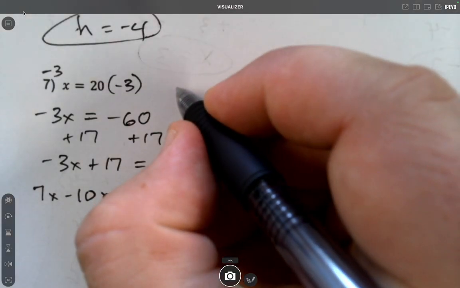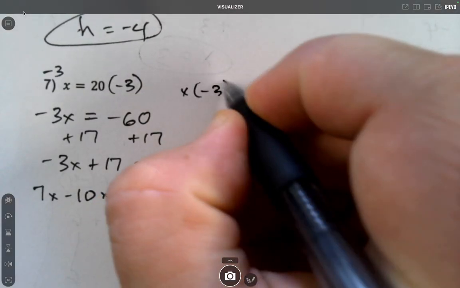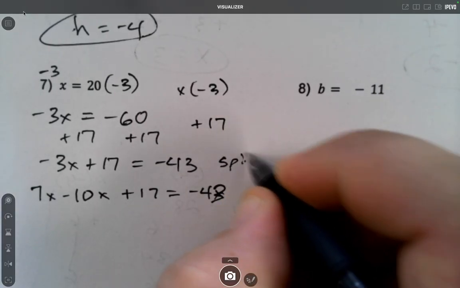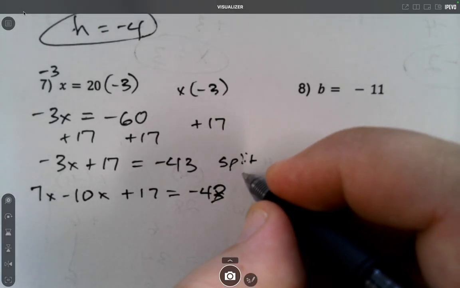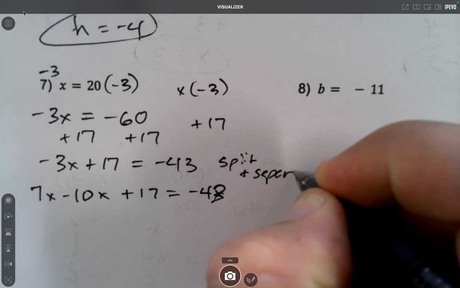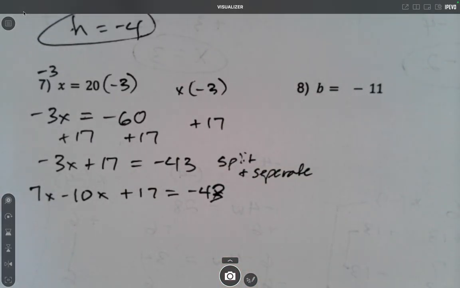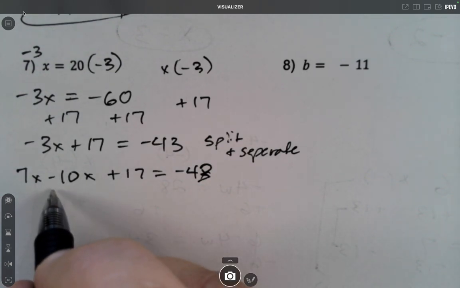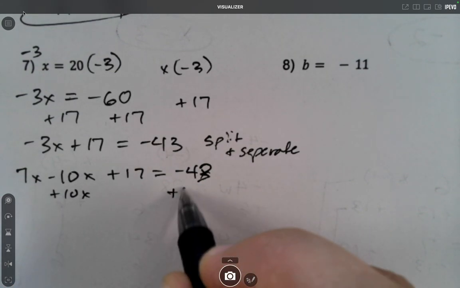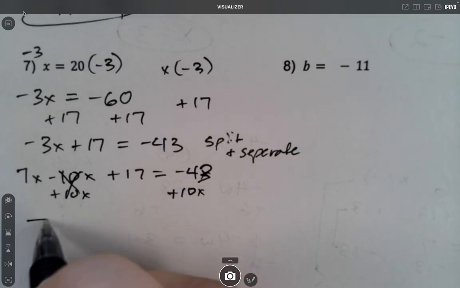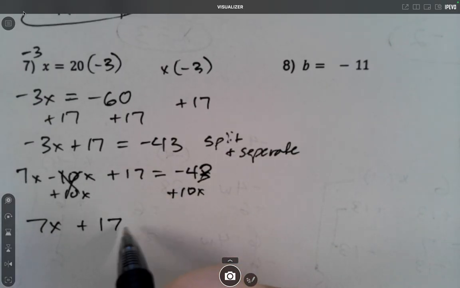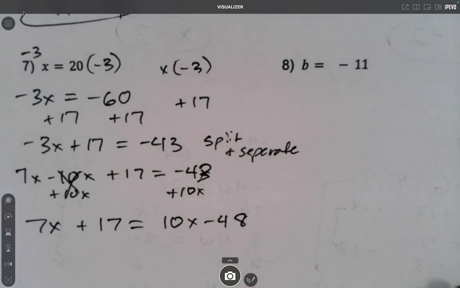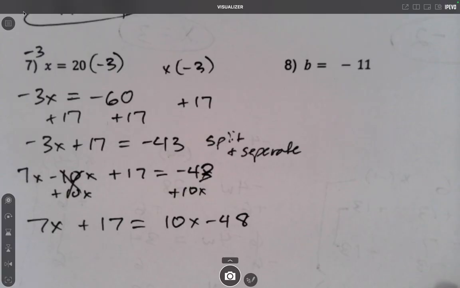Not only have I multiplied both sides by negative 3, added 17, and split things up, I'm going to split and separate. I'm going to move the 10x over to the other side of the equation so that now they have a problem they have to solve when there are variables on both sides of the equations.